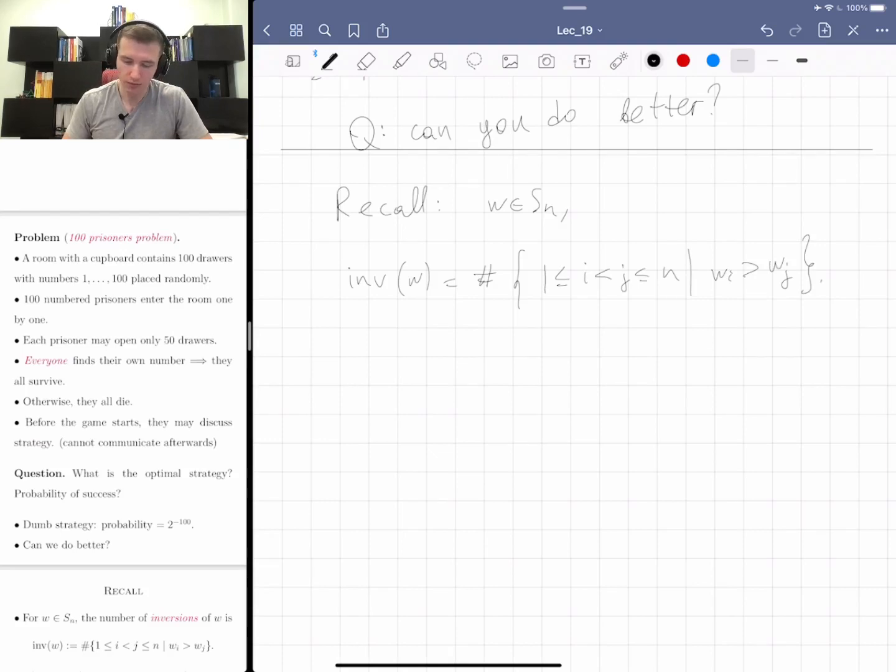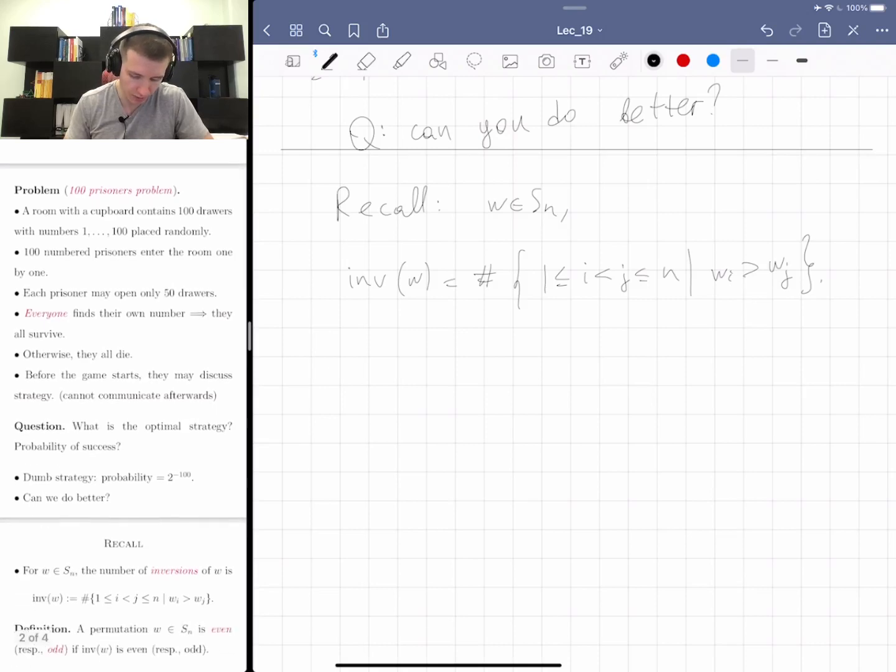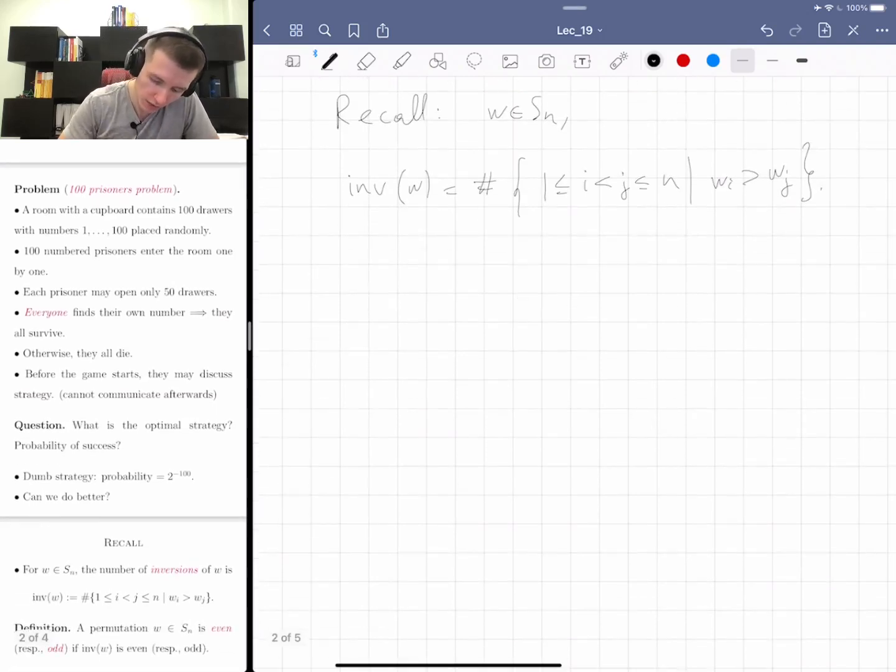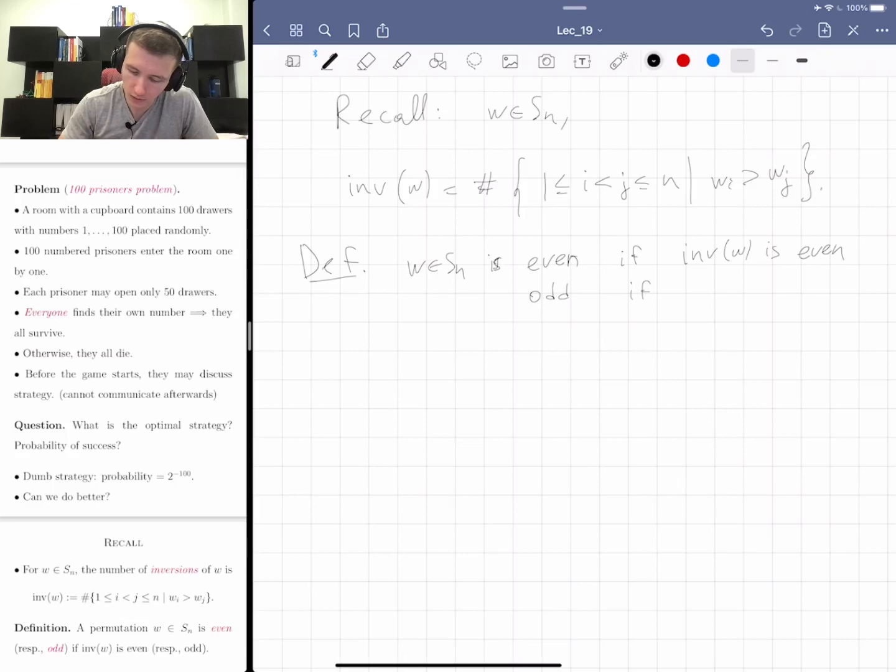So today I'm going to first try to explain even and odd permutations, which you may have seen in your linear algebra class. W in Sn is even if the number of inversions of W is even, and otherwise it's called odd if the number of inversions of W is odd.